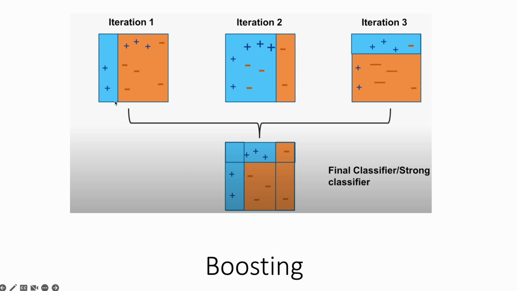So the weights of this will be defined, and the weight of this classifier will be proportional to the number of misclassifications this classifier has done. Similarly, the weight of this classifier will depend on the number of misclassifications this particular classifier has done. Similarly over here. So what we'll do, we'll do the additive sum, or the weighted sum.